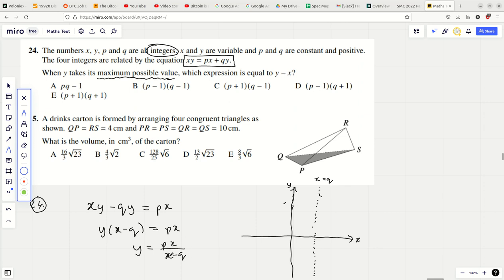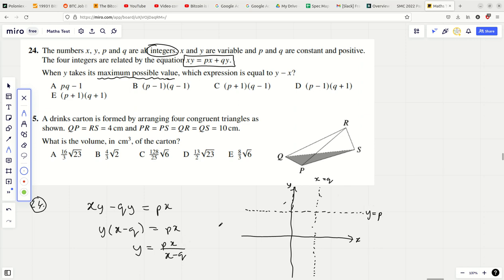Well, let x tend to infinity. Just pretend x is like a million or a billion. Q is basically going to become insignificant because you can always choose x to be sufficiently larger than q. So really you can ignore minus q on the bottom and just do px divided by x, which is p. In other words, there's going to be a horizontal asymptote at y equals p.